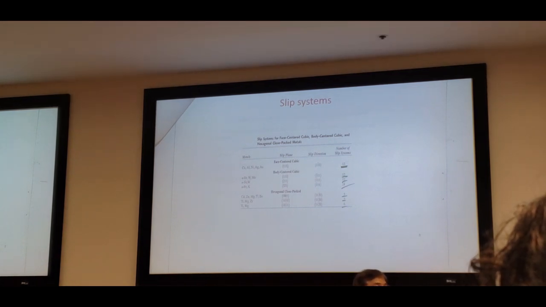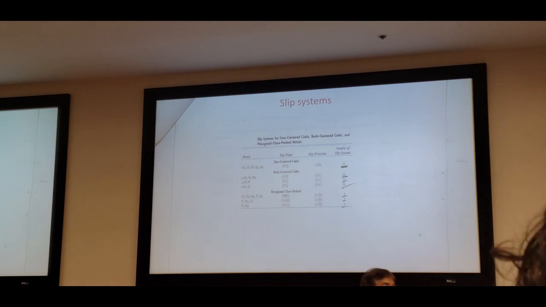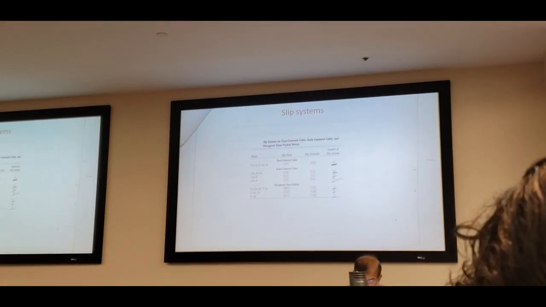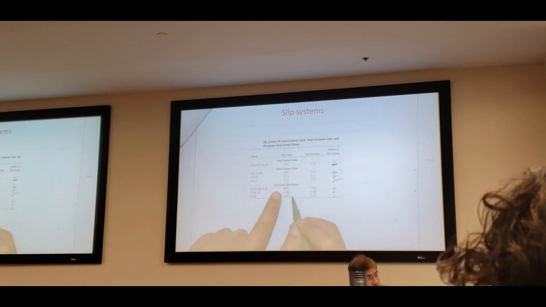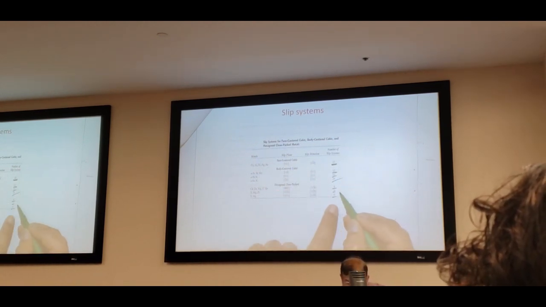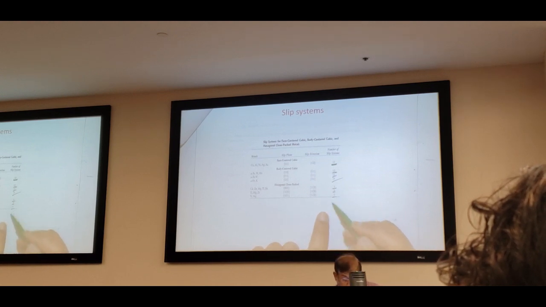Then they are the same number, so you can say ductility for both FCC and HCP is the same, because they have the same number of slip systems. No, this is HCP and this is FCC.